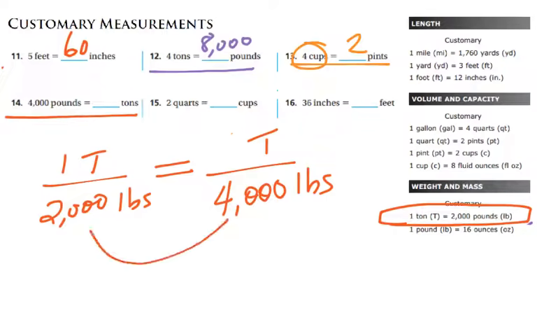So how do I get from 2,000 to 4,000? I simply multiply by 2. So I'm going to take my 1 ton and I'm going to multiply that also by 2. So what is 1 times 2? Ooh, that's easy. 2. So that would be the same thing as 2 tons.